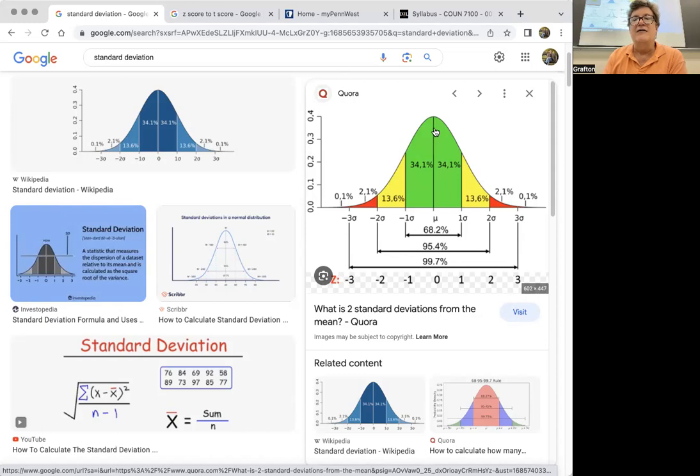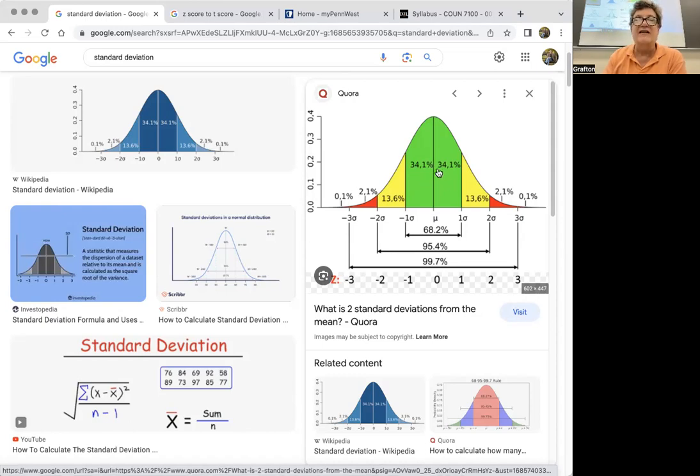And then, so here's the thing. If you go 1 standard deviation to the right or 1 standard deviation to the left on an IQ test, most people fall within 1 standard deviation to the left or right. So let's use these percentages.